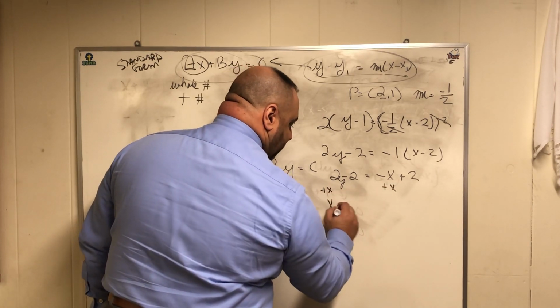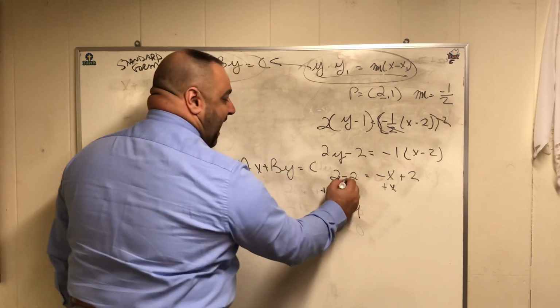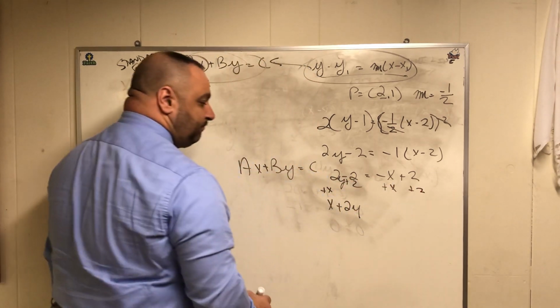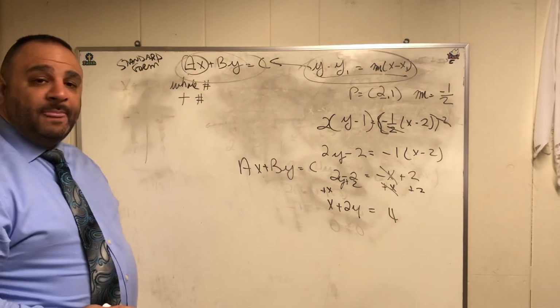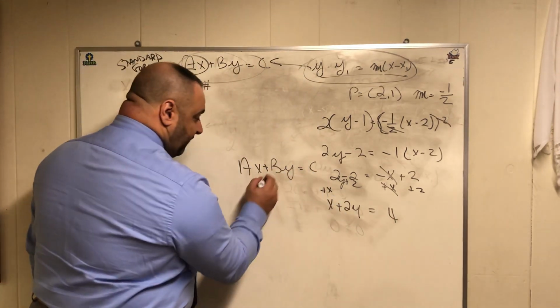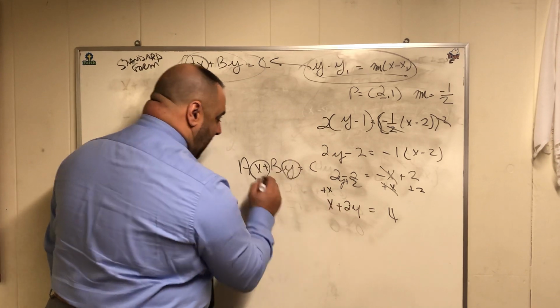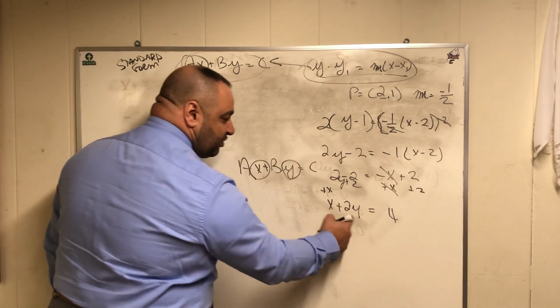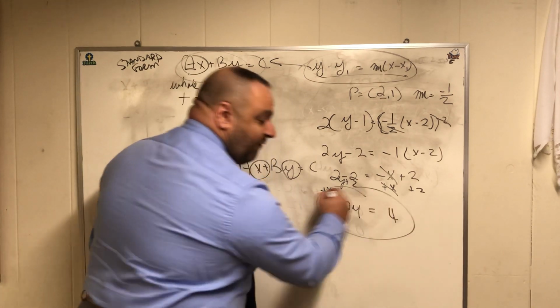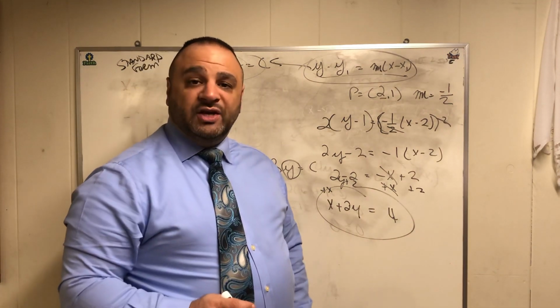So we have x plus 2y, and I'm going to add 2 to both sides, equals 4. x plus 2y. Notice the form here. x is 1, so 1x. x plus 2y equals 4. And there's your equation there.